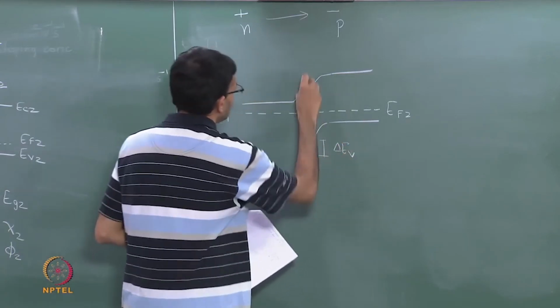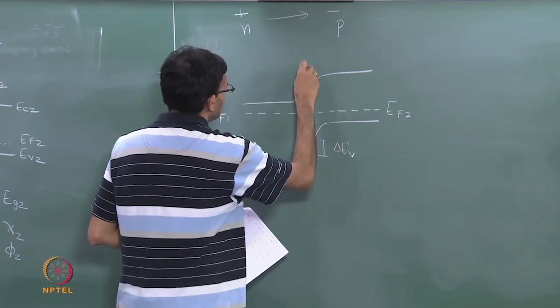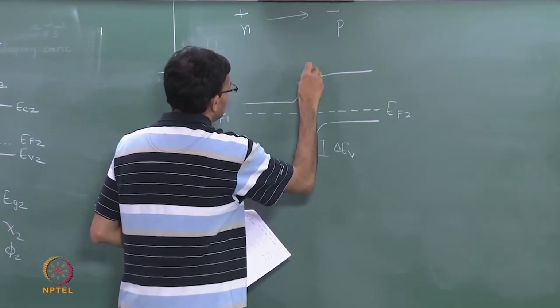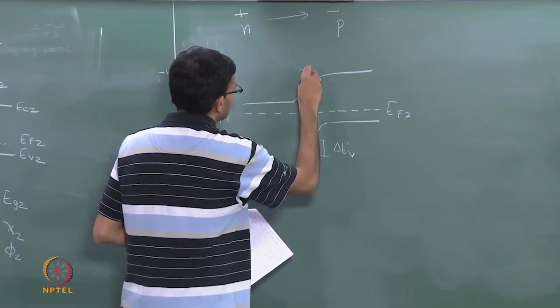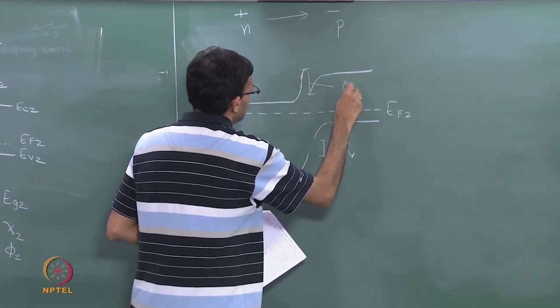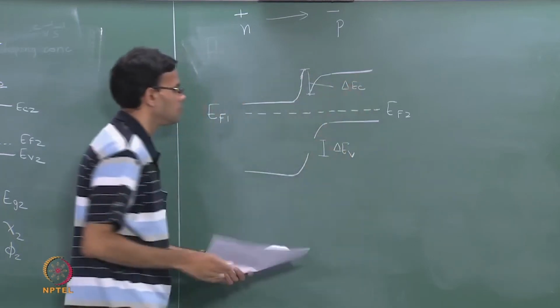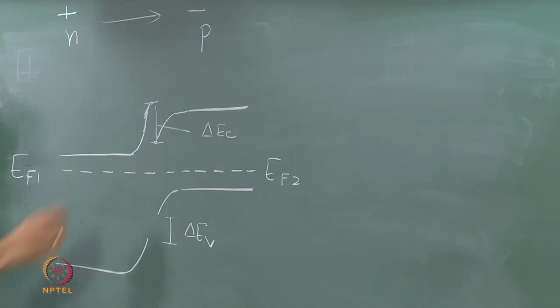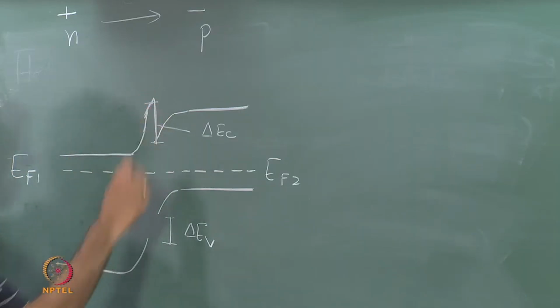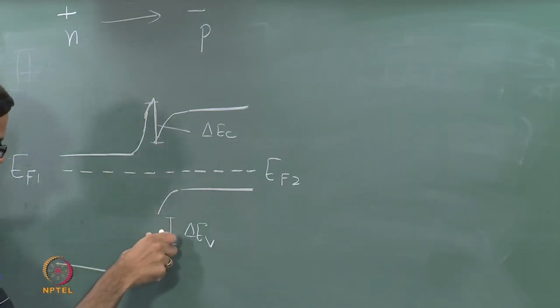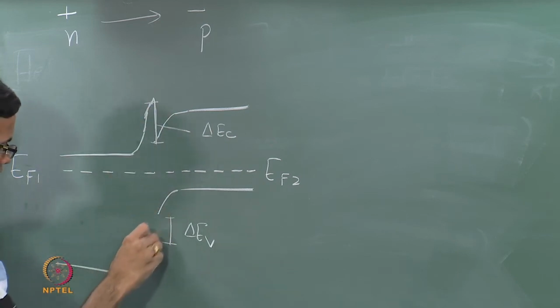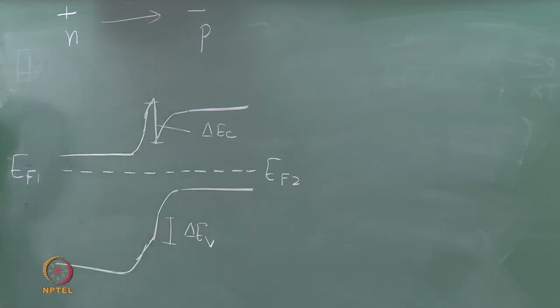Let me just extend this, and this gap is delta EC. So, now if I join these two, we can get the p-n junction under equilibrium.